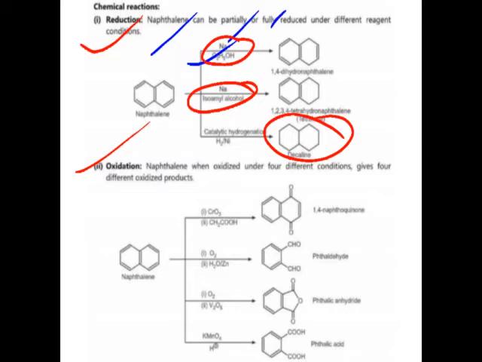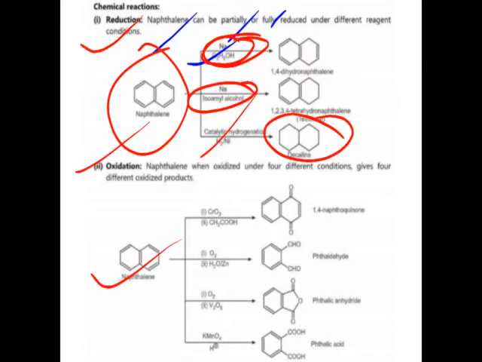If you change the oxidizing agent, you get different products. It is like in reduction: with H2 plus nickel there is complete reduction, and with sodium plus ethanol one bond is reduced. So similarly in case of oxidation also, depending upon the oxidizing agent, different products can be formed from naphthalene by the reaction called oxidation.